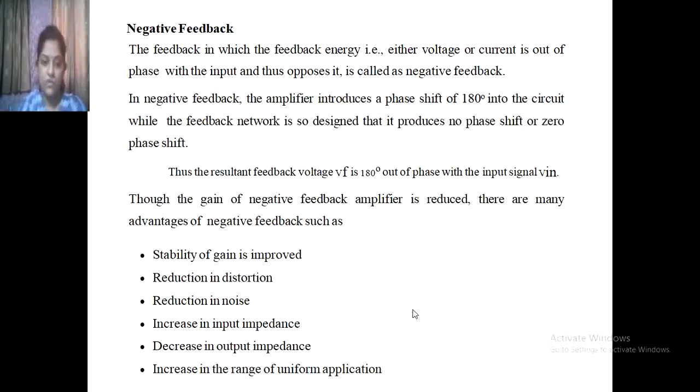We have seen the principle of the feedback amplifier, then the types of feedback, that is negative and positive feedback.